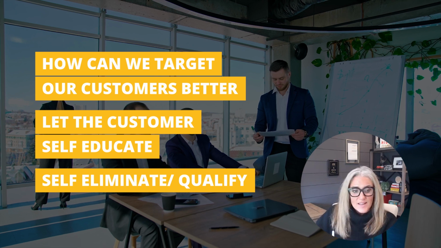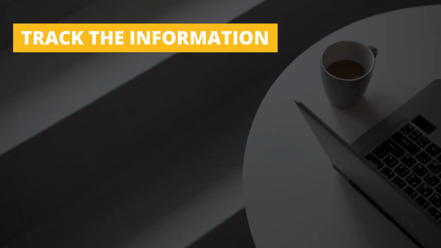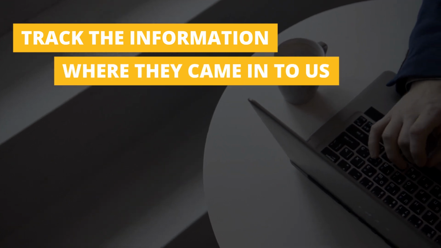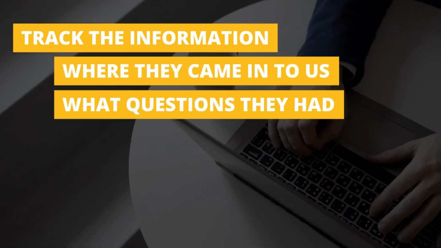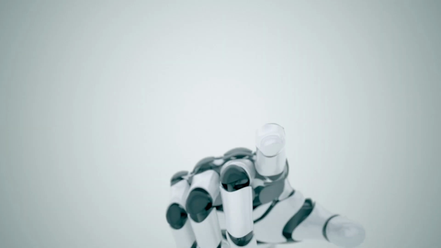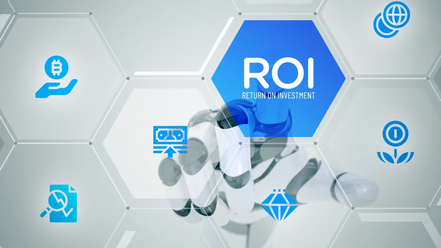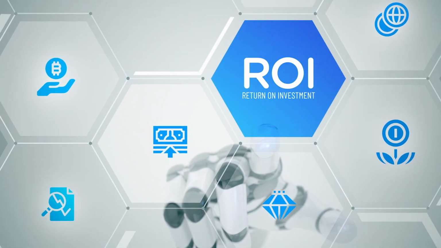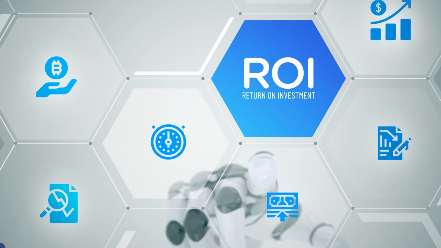They'll do a lot of that themselves as they're leading up to us, but track the information as to where they came into us, what questions they had, and we can actually track that and understand where that comes from us, which gives us a real strong ROI on investing in our messaging and our marketing, and helps us to refine that ROI and make it better and better as we maintain that process.